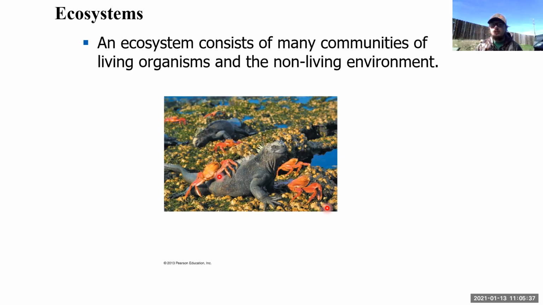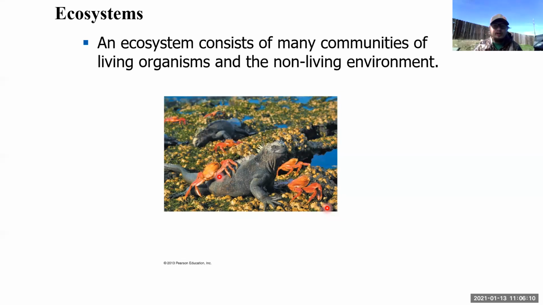Now you can have multiple different communities come together to make up an ecosystem. And another important component is that an ecosystem also includes the non-living environment. So before now, we were focused on that living component. But once you get to an ecosystem, you're now including things like temperature, precipitation, soils, solar radiation, acidity of the ground, right?